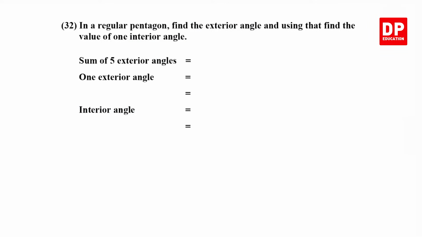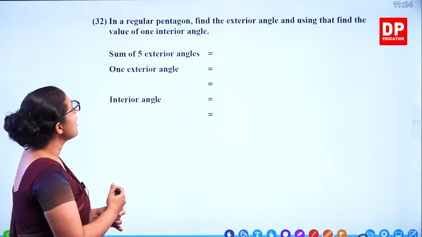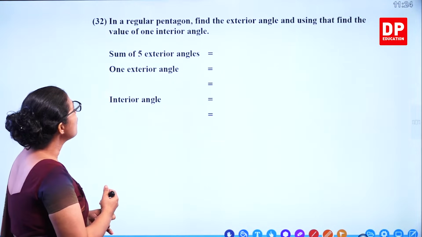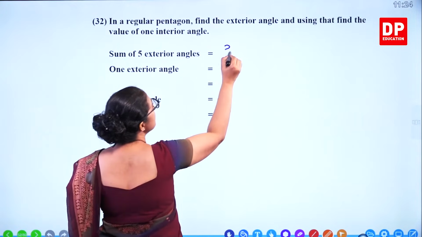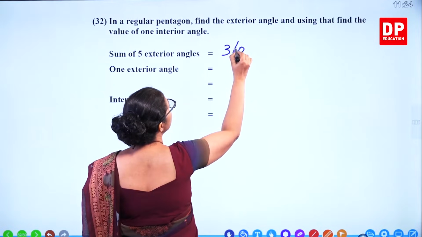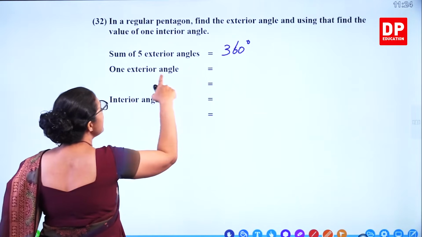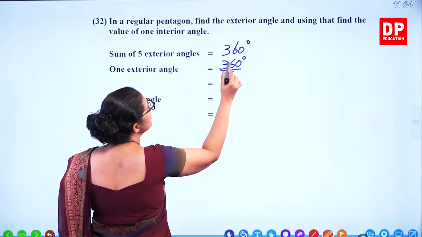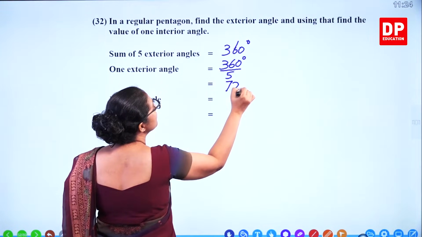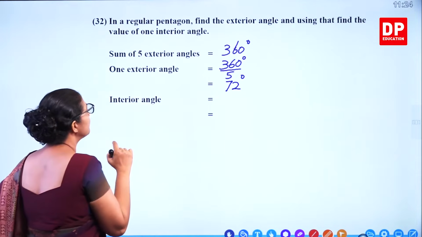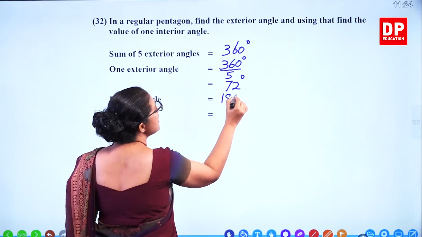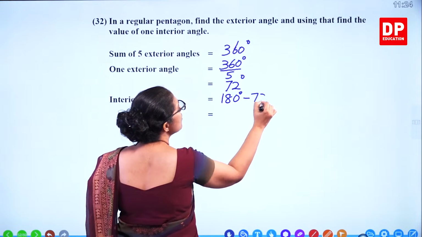In a regular pentagon, find the exterior angle and then using that find the value of one interior angle. So what is the sum of 5 exterior angles? That's 360. One exterior angle means you divide by 5. 72 degrees. So what's the interior angle then? So 180 minus 72.